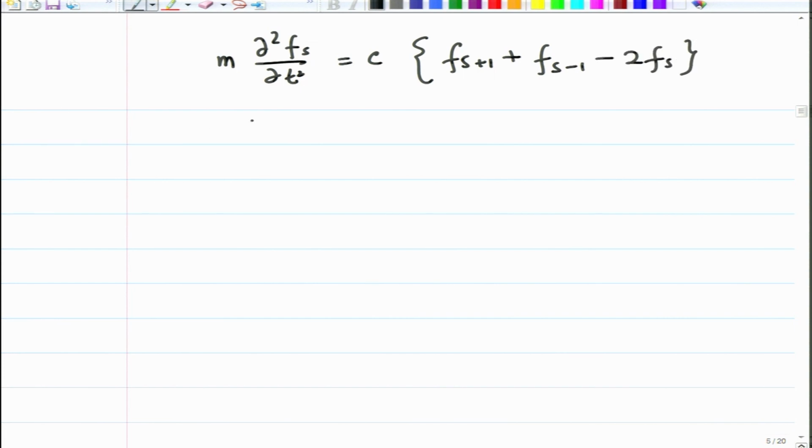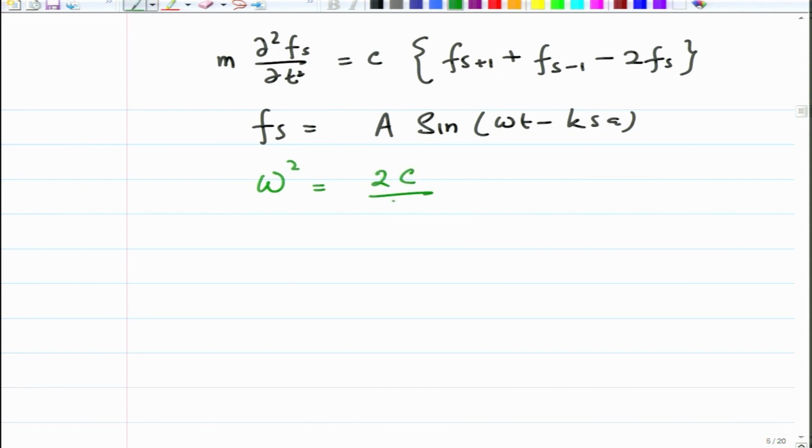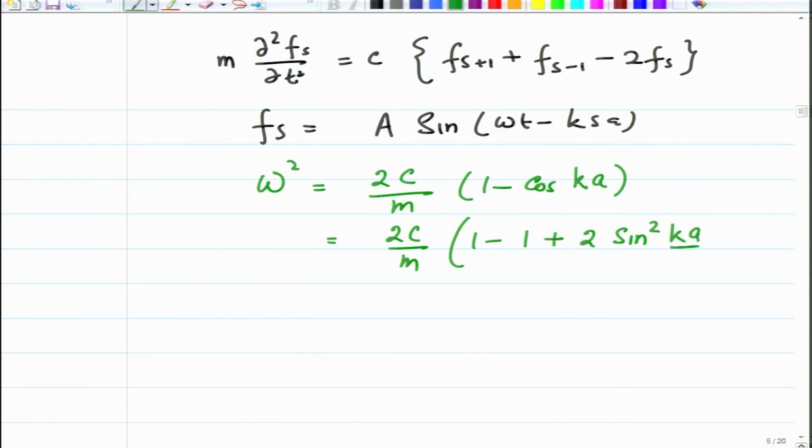So, let us write this. What we got for the solution of this equation, m d2f by dt square equals C times f s plus 1 plus f s minus 1 minus 2 f s, assuming a solution f s equals A sine of omega t minus k S A, we got the relationship omega square is equal to 2 C over m times 1 minus cosine of k A, which I can expand and write as 2 C over m times 1 minus 1 plus 2 sine square k A by 2.